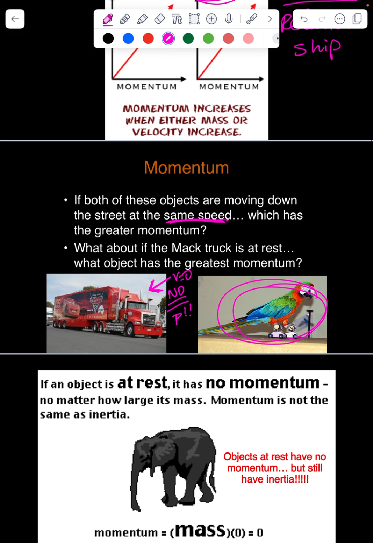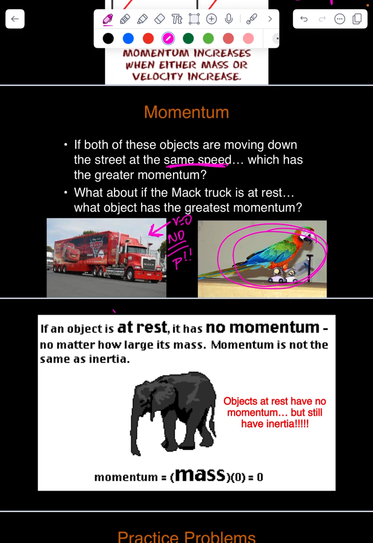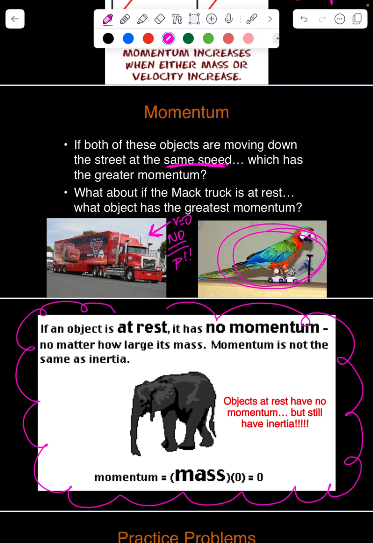Okay. Now this one, oh my goodness, I want you to put big highlighters around this one. This one is super important. A lot of people use the terms momentum and inertia interchangeably. And that is incorrect. They are not the same thing.